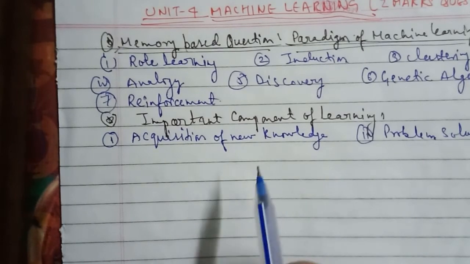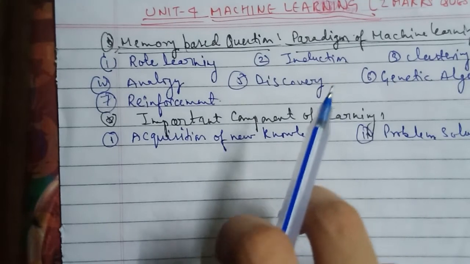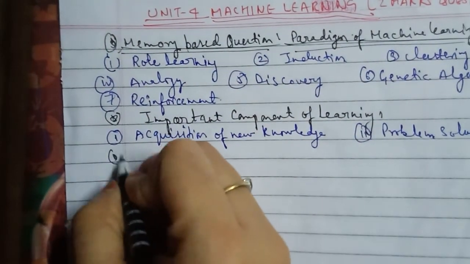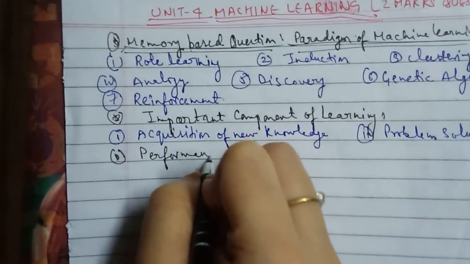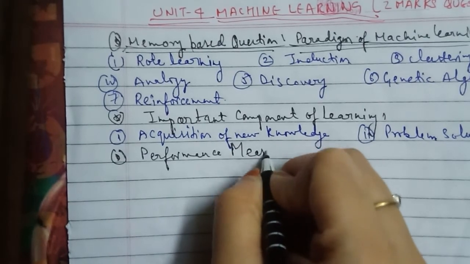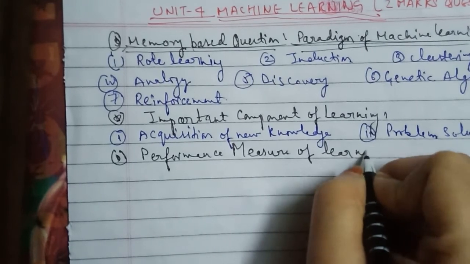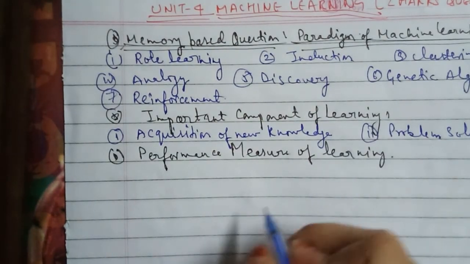Another question is: list out the performance measures for learning. That has also been asked for 2 marks. There are five performance measures of learning.